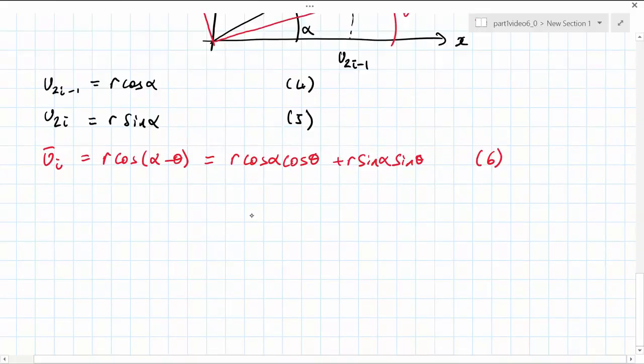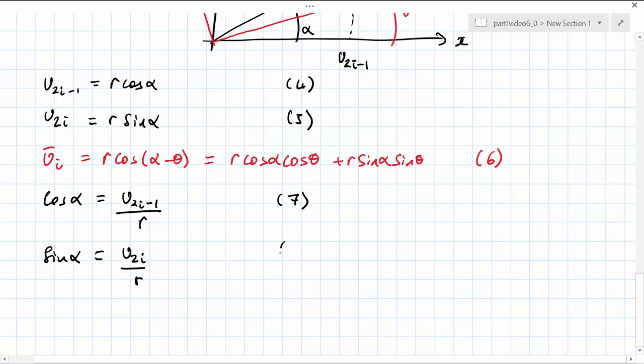From equations 4 and 5, we can see that cosine alpha is equal to u2i minus 1 divided by r, and that sine alpha is equal to u2i divided by r.